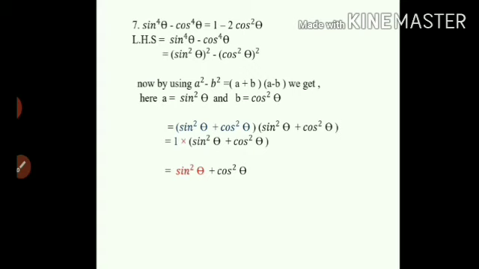Now we know that 1 minus cos²θ will be equal to sin²θ. So see this, we have typed in red color, that is sin²θ. How do we get sin²θ? 1 minus cos²θ is equal to sin²θ, so in place of sin²θ I am writing 1 minus cos²θ, and then I am keeping the next one here.